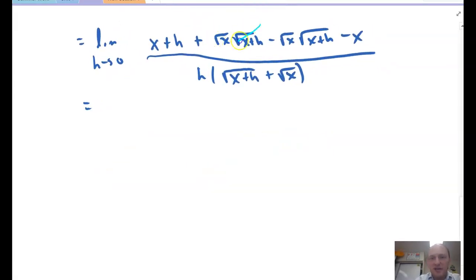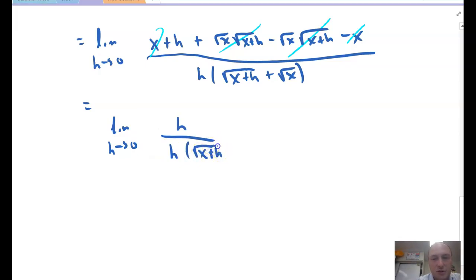So what we'll do here is we'll simplify. Again, notice that these terms cancel. And here I have an x and then a negative x that cancels. So we get the limit as h approaches 0 of h over h times the square root of x plus h plus the square root of x.